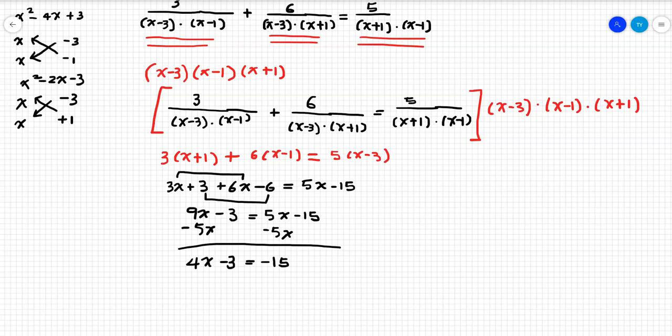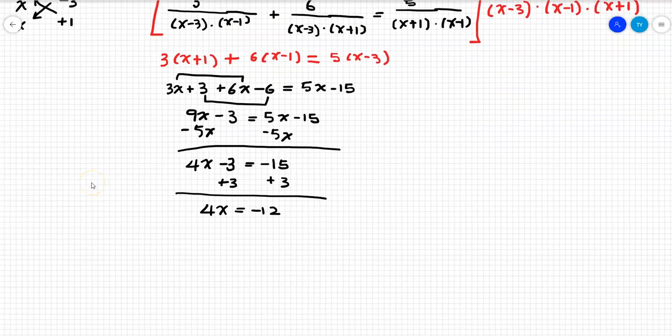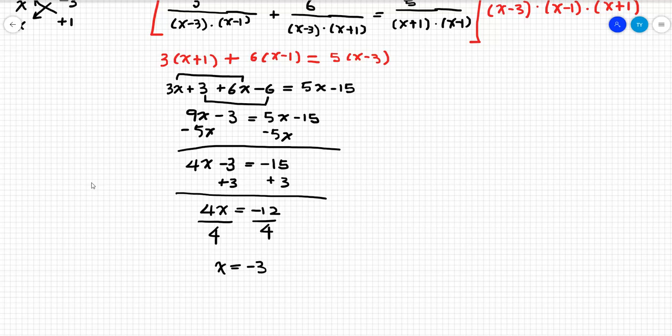I'm sorry, I haven't done that yet. So now I'm going to add 3 on both sides. I was going too fast. So then I have a 4x equals minus 12, and you divide by 4 on both sides. So x is going to be equal to minus 3.